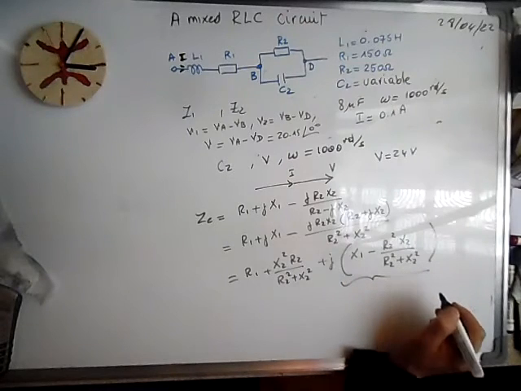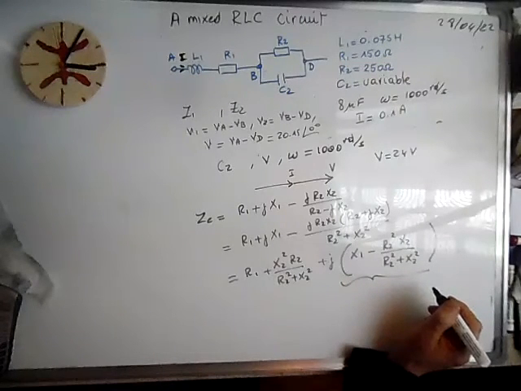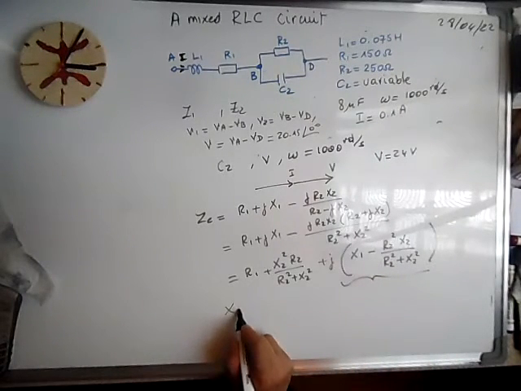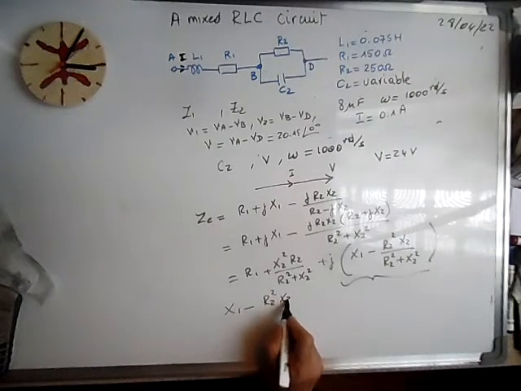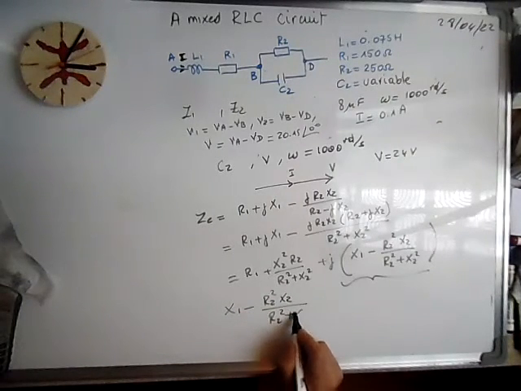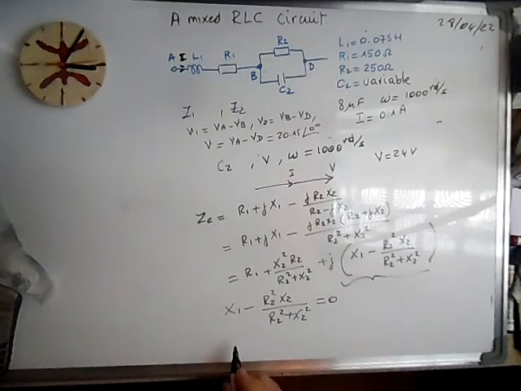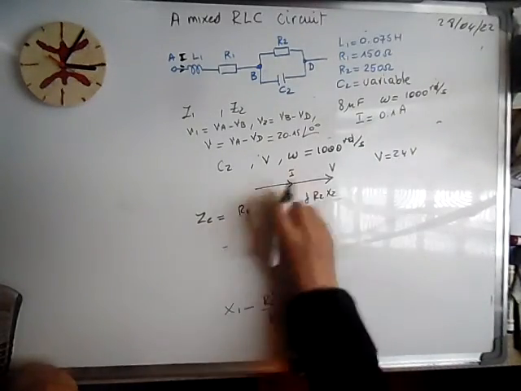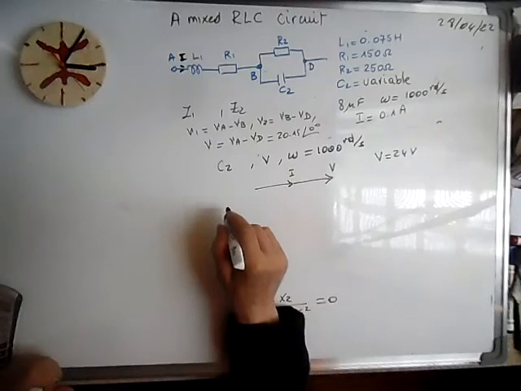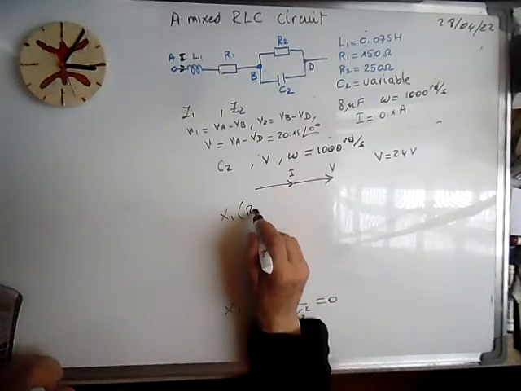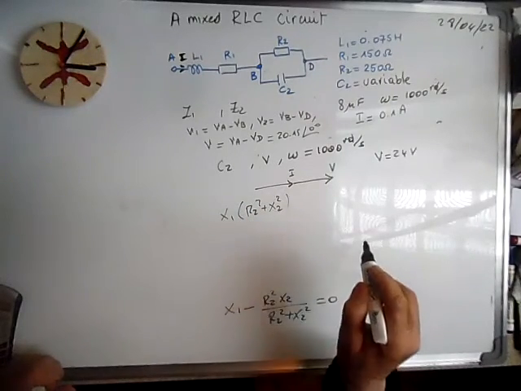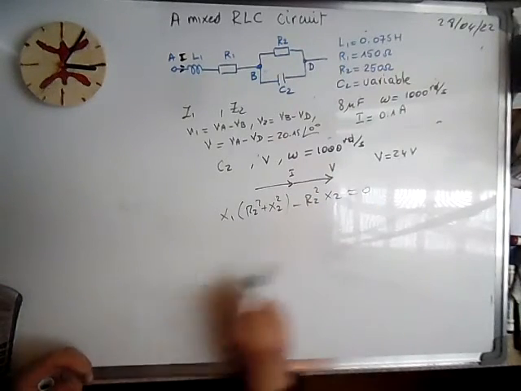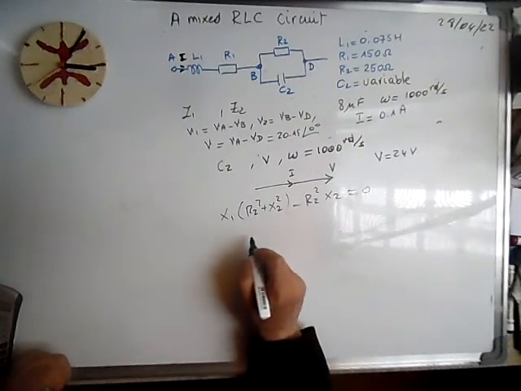If you want the current to be in phase, it means that the imaginary part should be 0. So X1 minus R2 squared X2 over R2 squared plus X2 squared should be equal to 0. We try to solve this equation: X1 times (R2 squared plus X2 squared) minus R2 squared X2 should be equal to 0, and we solve for X2.